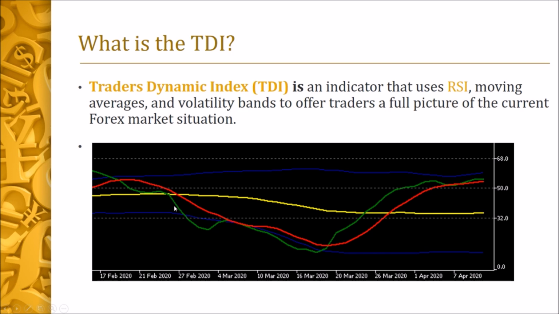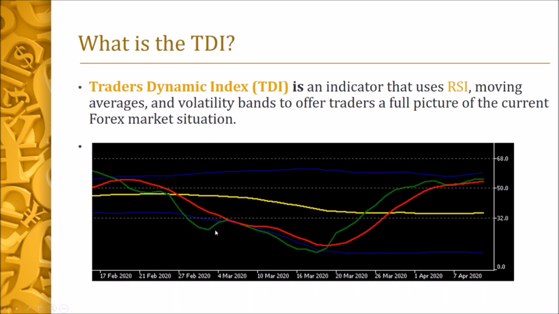So this is basically a snippet of the indicator in subject. The blue lines are the volatility bands. They are actually derived from Bollinger Bands. The green line is the signal line that we are going to be using to see the divergence as a confirmation of our setups.